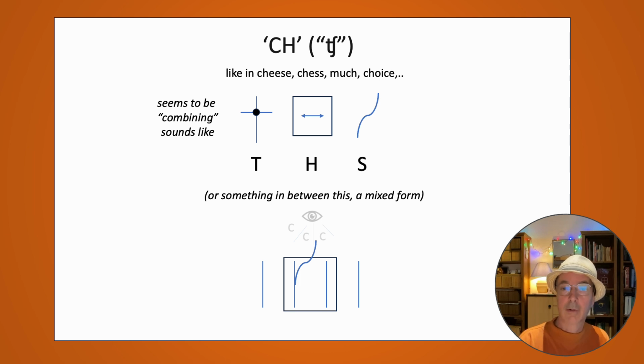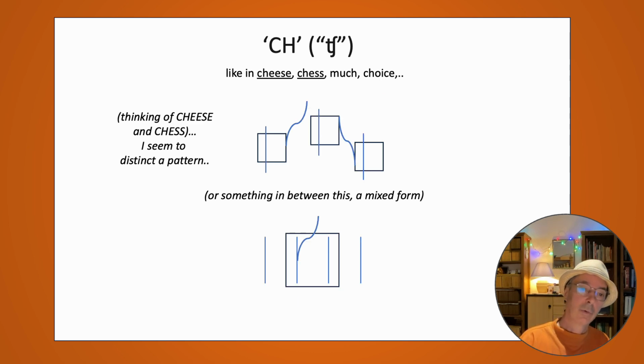That's something I will already predict beforehand. So thinking of cheese and chess, I seem already to distinguish some kind of pattern. This pattern is like, okay, I can frame certain positions, and these positions somewhat hang together.